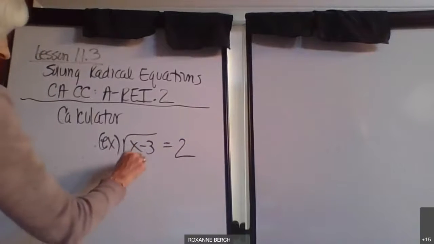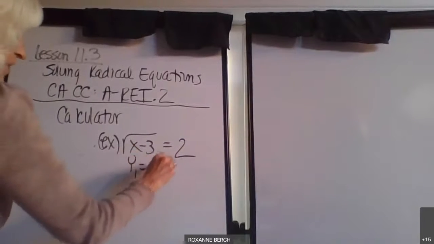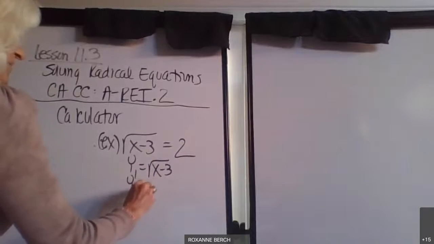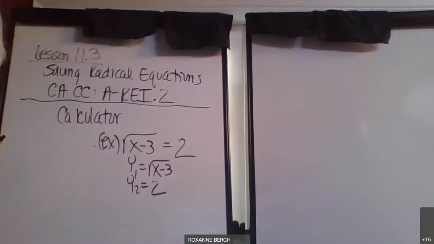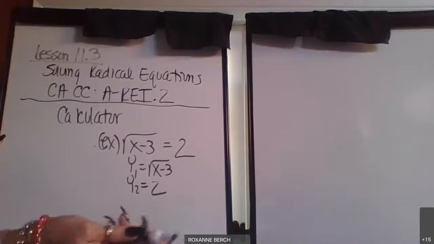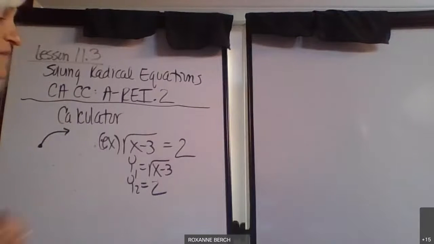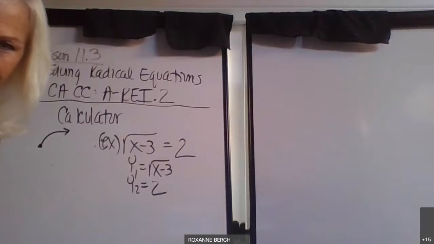So in this example, under y sub 1, we're going to put a square root. And under y sub 2, we're going to put a line, right? Y equals 2. So think about what you have here. You have the square root and a line. You have a horizontal line.